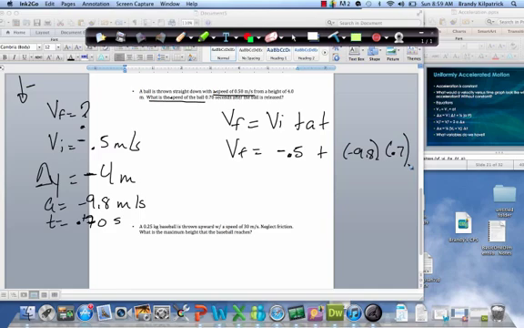So multiply it out first, then add. So you get negative 6.86 plus negative 0.5. So your final velocity should be negative 7.4, I believe. Yeah, so 7.36 or 7.4.